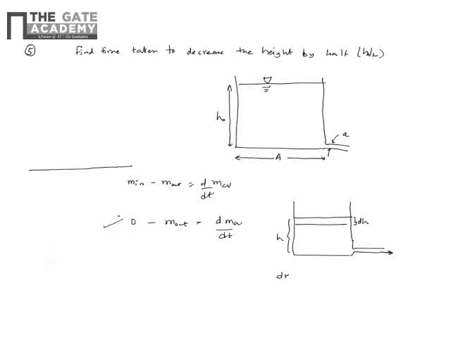You can do a problem in this way or in this way. Let's say at a point of time the height is h and the decrease is dh. So the decrease in the volume of the tank in time dt is A dh.